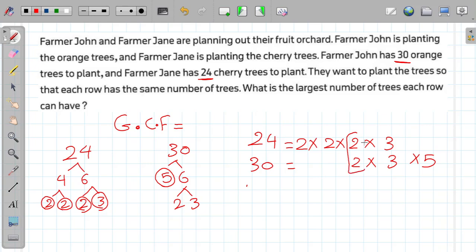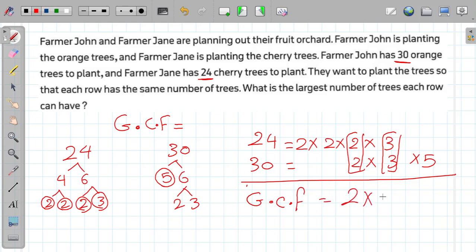So the common prime factors here are 2 and 3. So the greatest common factor equals 2 times 3, which equals 6.